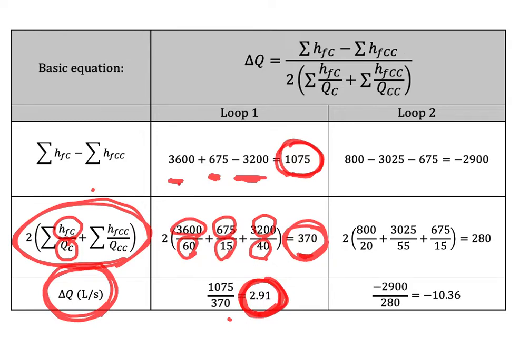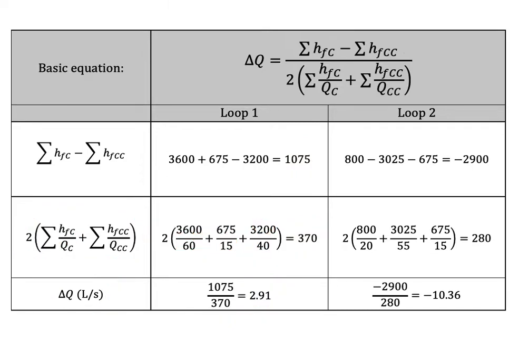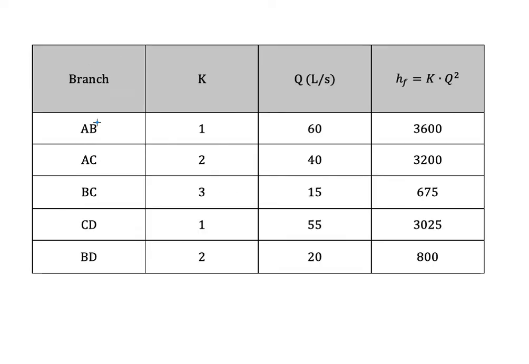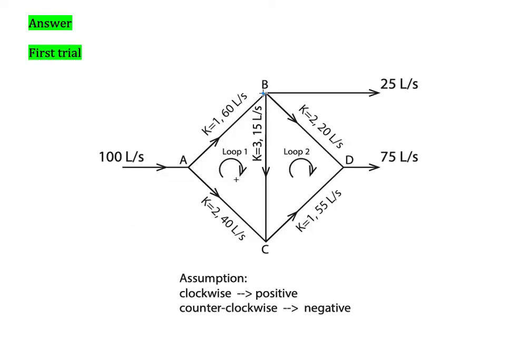Then we try to solve the second loop here. Again, we'll see how we solve this one. We start with the 800. The 800, if we see here, is actually the BD. Because the direction is the same as the loop direction, we have positive.